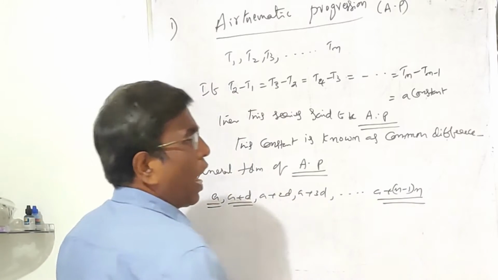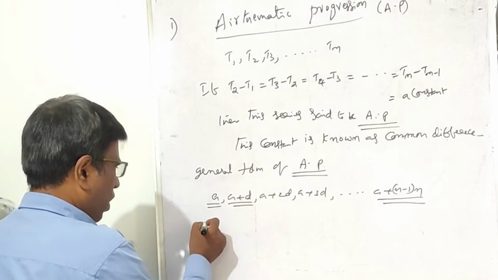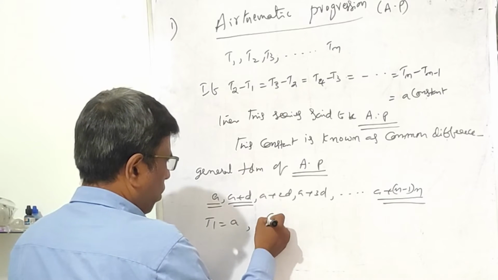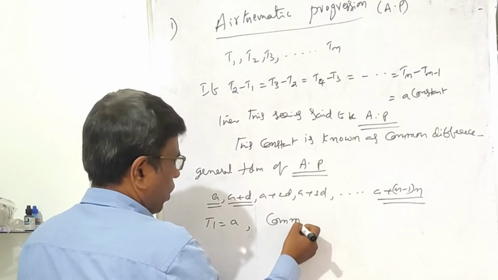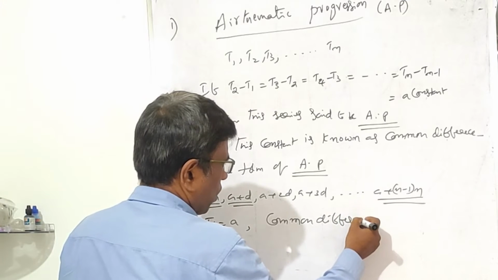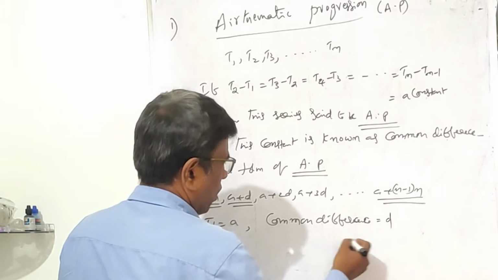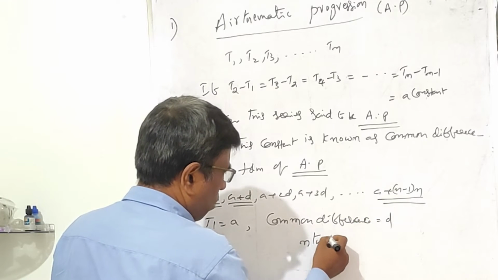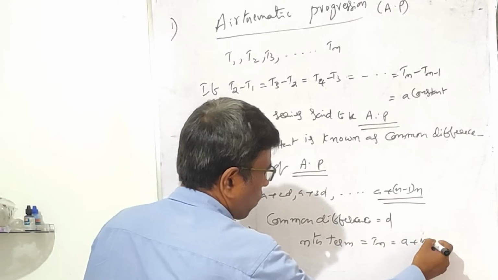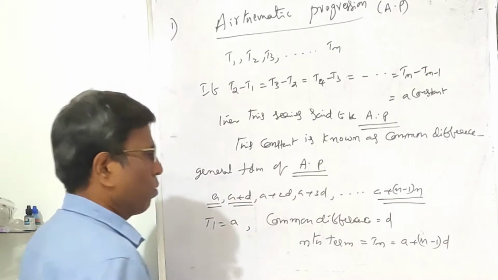This one is called the nth term. So T1 equals A, the first term, and the common difference is D. The nth term is Tn equals A plus (n minus 1) into D.